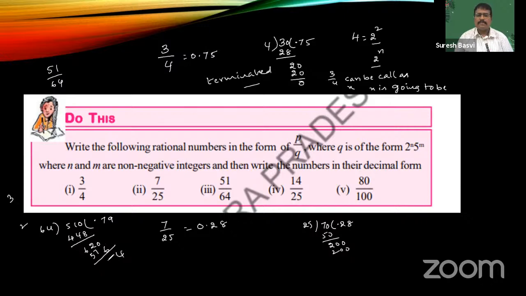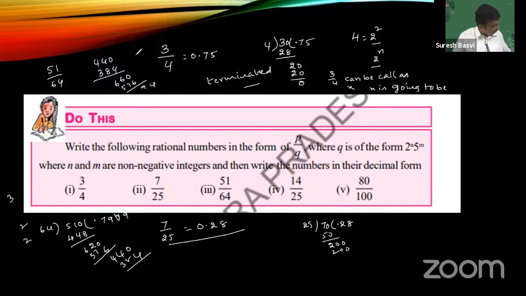Again 4 is there. 44 is there. 440. 64 7s, 64 6s are 384. 6, again 66 is there. 660. 576. 94 comes. Next 60. 7968, I think, this is 8.